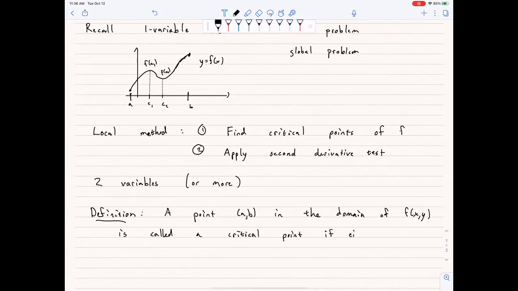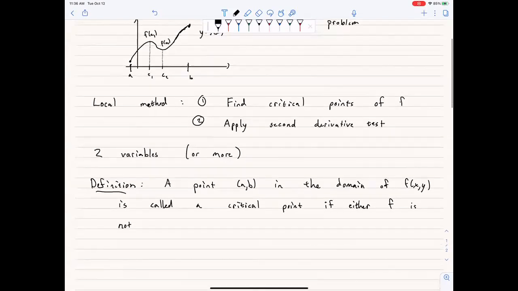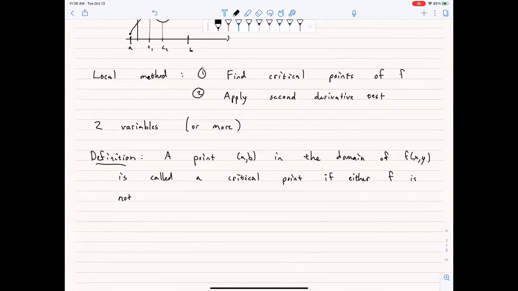Either f is not differentiable at the point (a, b), which is a case you generally don't worry too much about in applications, at least initially.